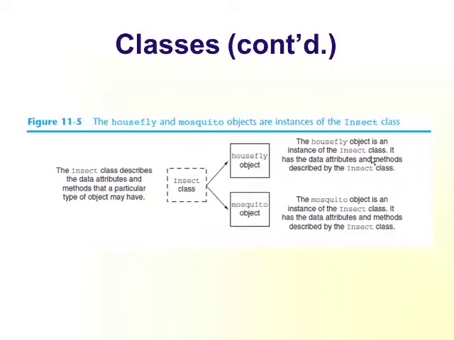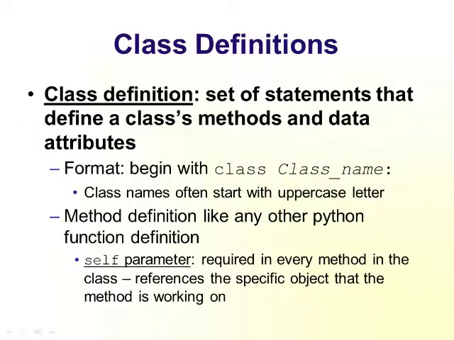Similarly, if you have an insect class, the insect class defines basic attributes, and the insect class generates a housefly and a mosquito. The housefly object is an instance of the insect class. It has data attributes and methods defined by the insect class, but that object adds on some of its own data and methods on top of that. So you will learn that as you get to more advanced classes.